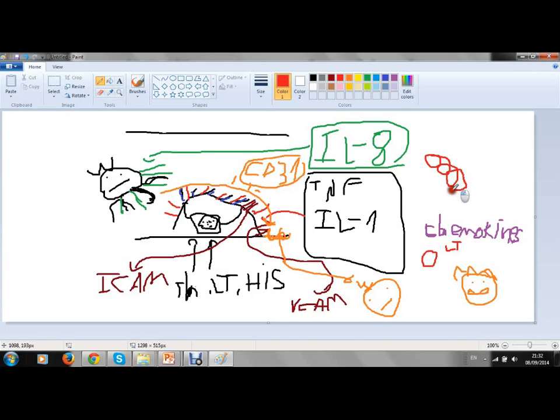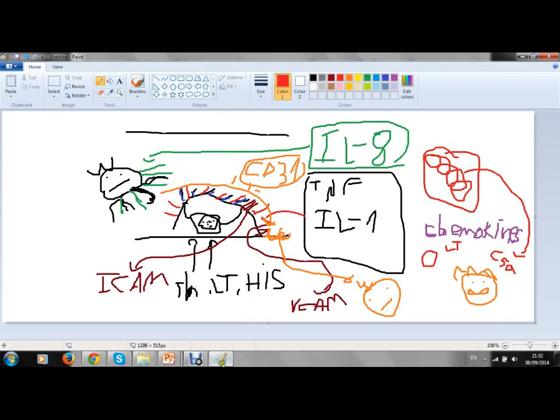Let's say this is a complex of complement proteins, and when they connect with each other, they release stuff like, for example, complement protein C5a, which is like a dissociation molecule that comes from the connection of the different complement proteins together. So C5a acts as a chemokine.